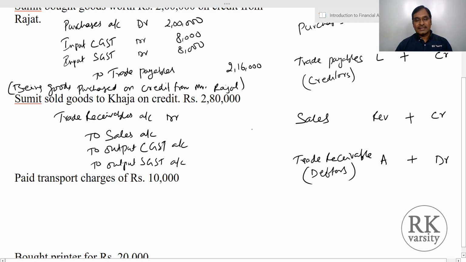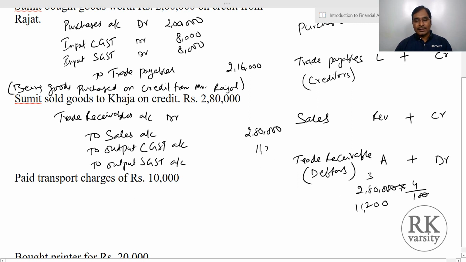Your sales amount is 2,80,000 and your GST is 4% on this. So 2,80,000 into 4 by 100 is 11,200.